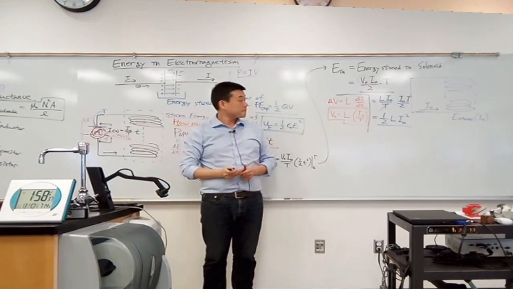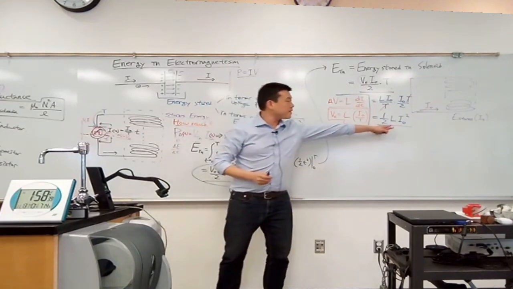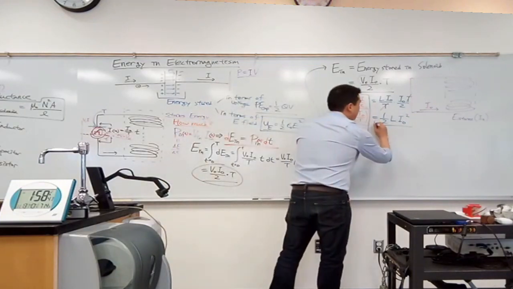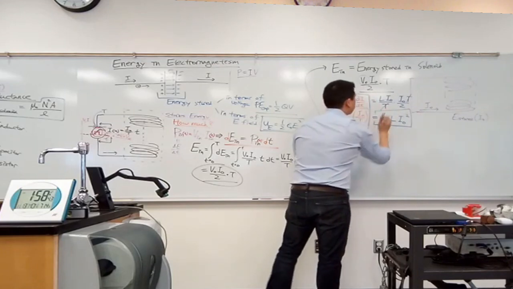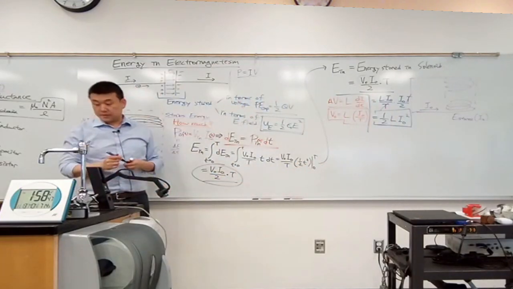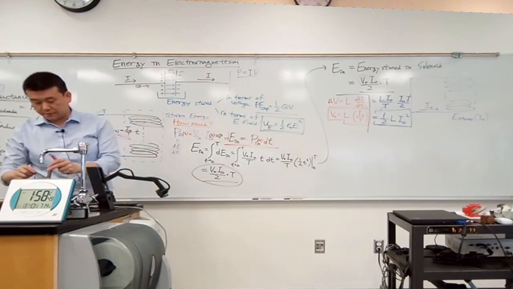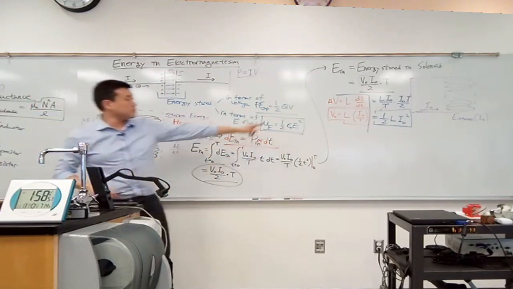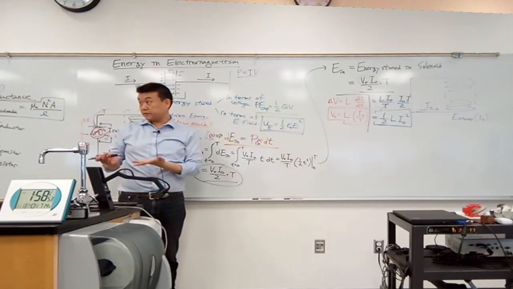When you look at this, I want you to be reminded of what you saw with the capacitor. Because with the capacitor, this is what we had before. This was the expression for energy stored.